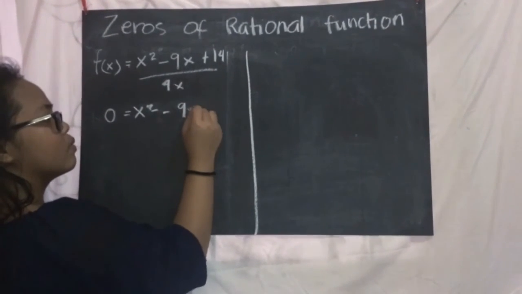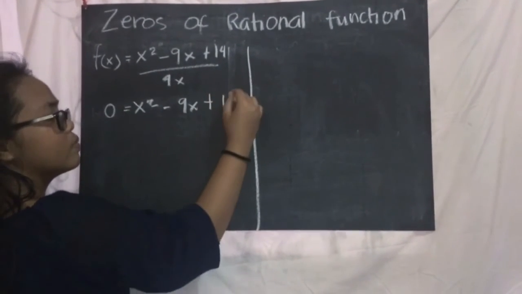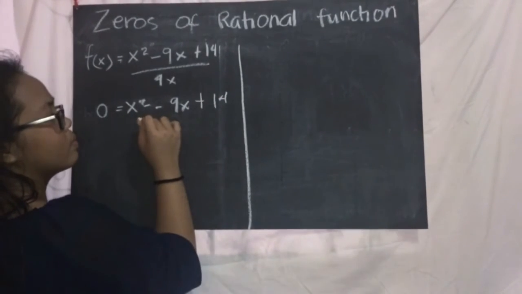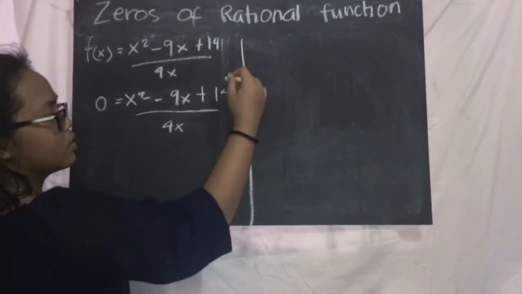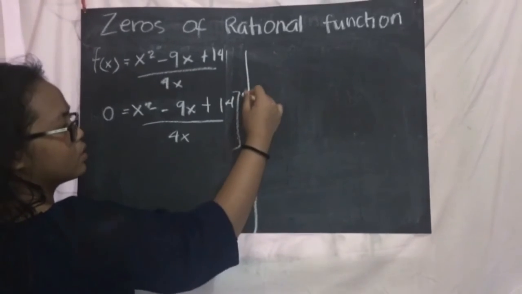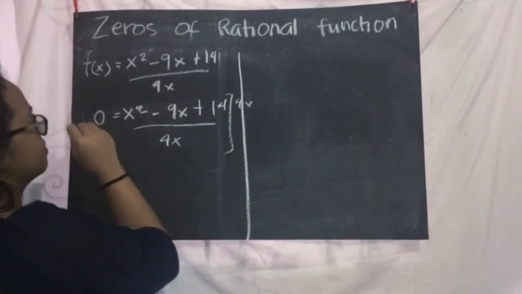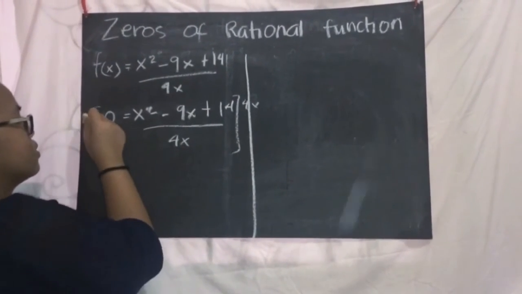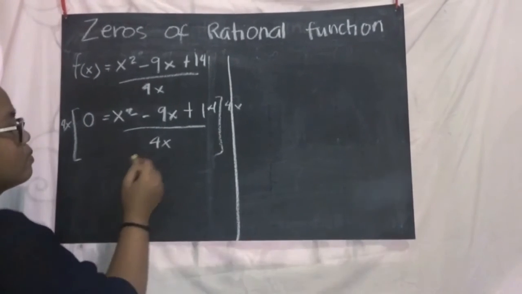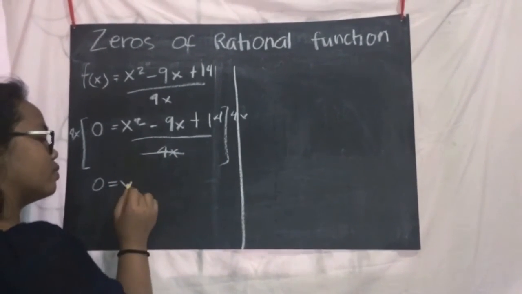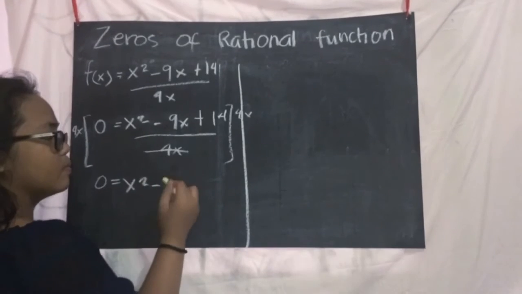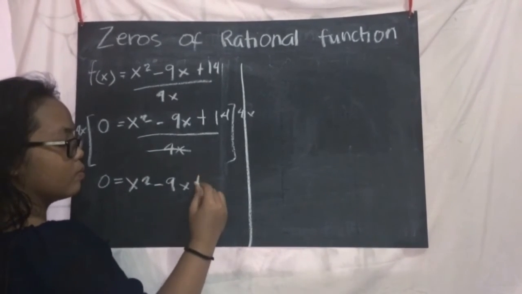So it will become 0 equals x squared minus 9x plus 14 over 4x. Multiply both sides by 4x. It will cancel out the denominator. Since the other side is equal to 0, the numerator will be equated to 0.